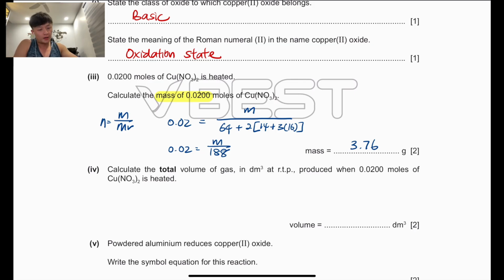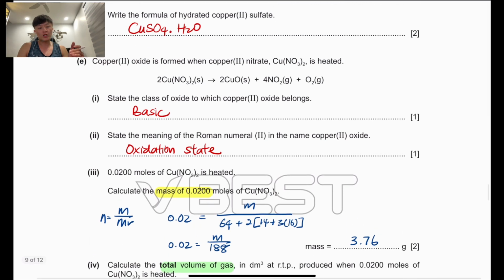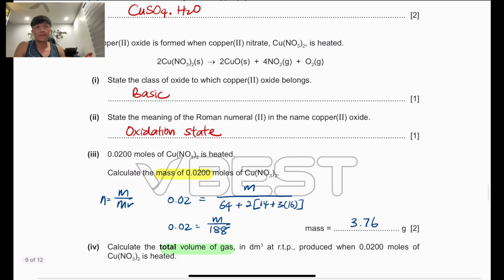Okay, so next one. You see, they actually bold this for you: the total volume of gas that is produced. If you refer back to the equation, if you look at the product side, these are the gases produced. Which means you need to look for the sum of both of these gases.